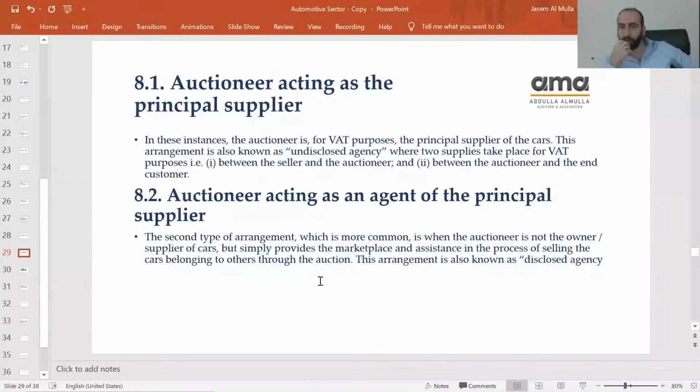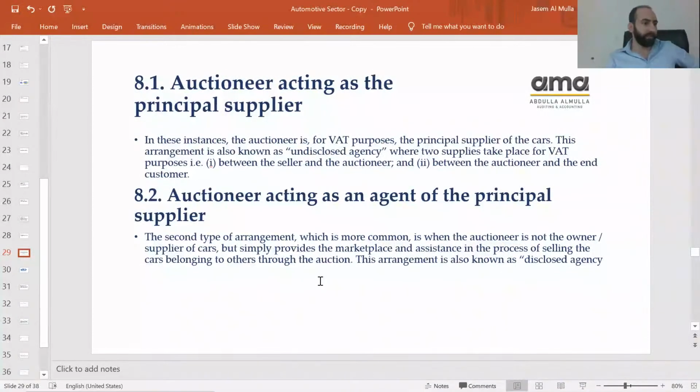This arrangement is also known as disclosed agency. In such situations, the auctioneer is not a principal supplier of the car in question. Instead, the auctioneer is acting as an agent on behalf of and in the name of the owner of the car, as per Article 9 of the Decree Law.